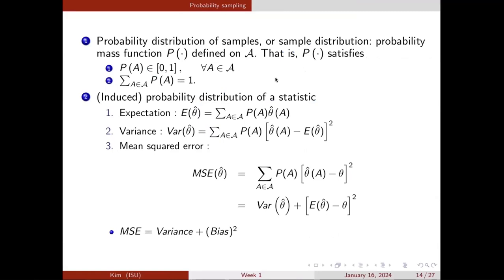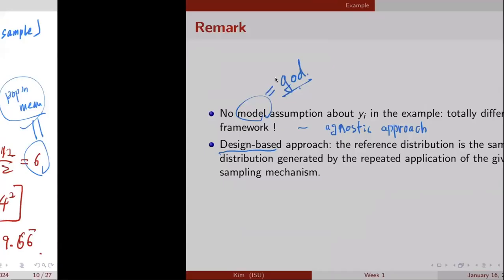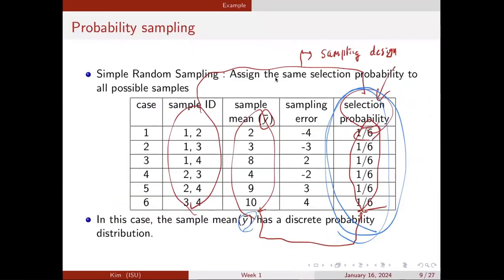The probability distribution of the sample, the sample distribution or sample design, right? That basically is how we assign a probability to each possible sample. So for example, in this example, we just have it equal, right?